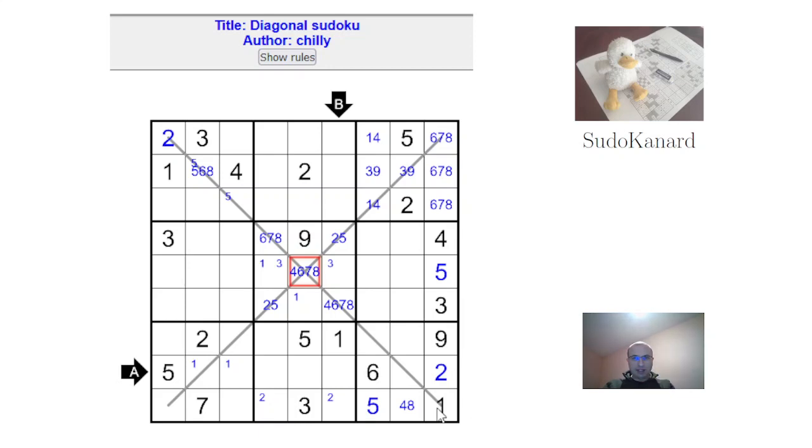But this diagonal must have a 9, and because of those 9s and this, 9 has to be here, and my pencil marks tell me that this is a 5. Now we know that on this diagonal 3 has to appear somewhere in one of those 2 cells.